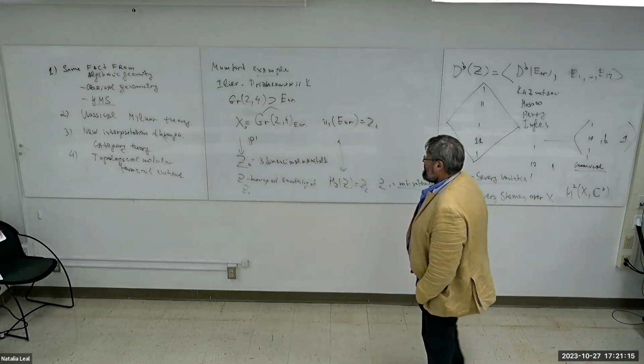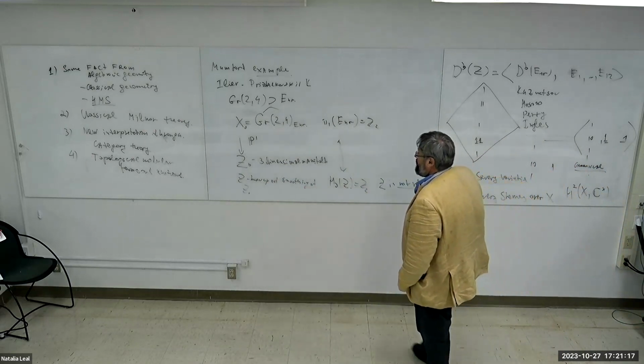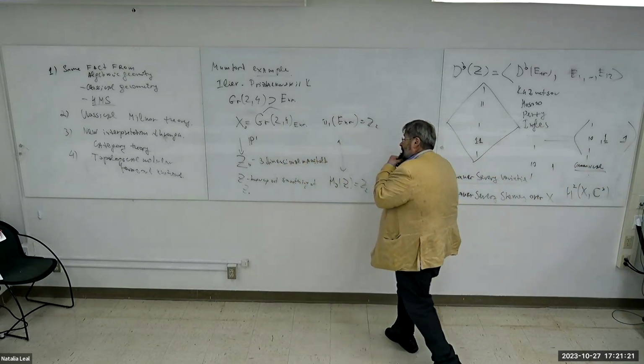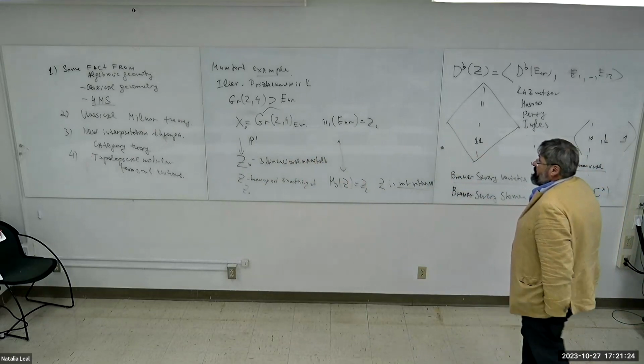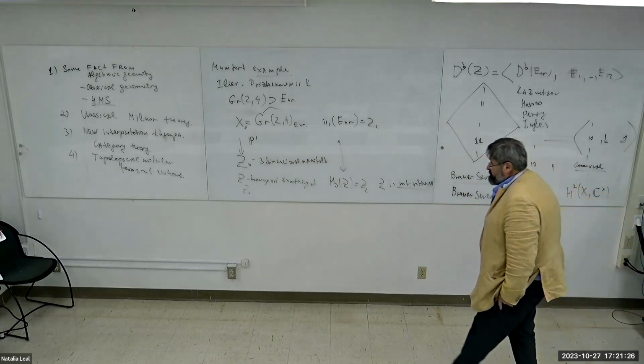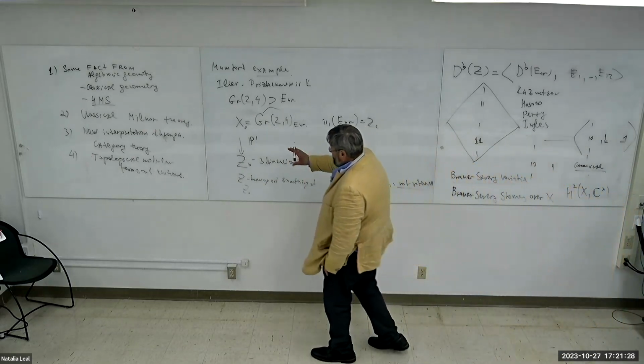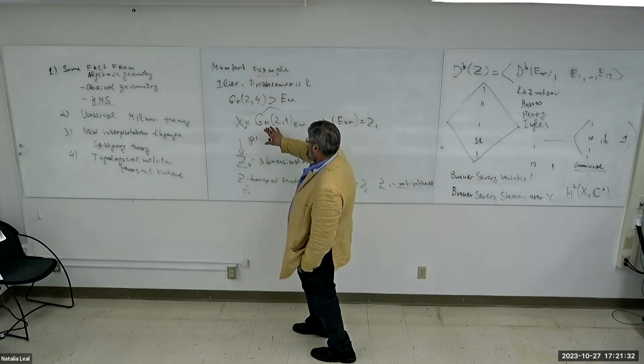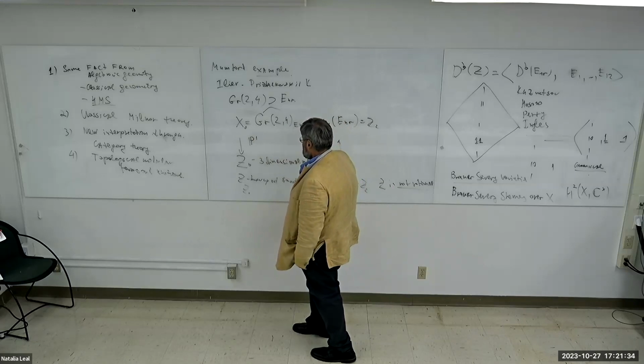So that's the whole point in this observation of Mumford and Artin. Just to repeat once more, we start with this Grassmannian, which is obviously a rational variety.